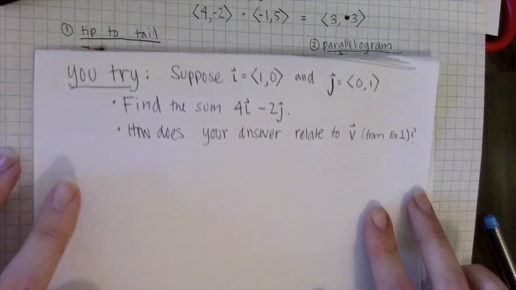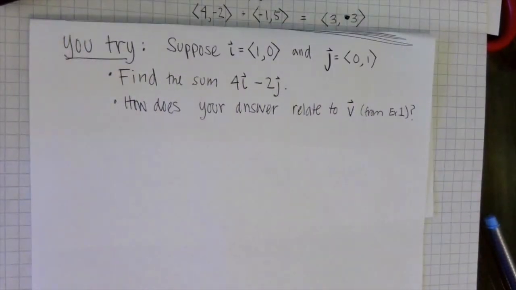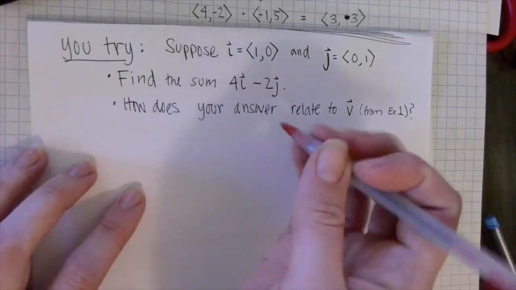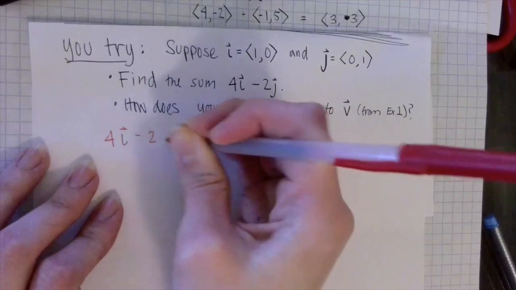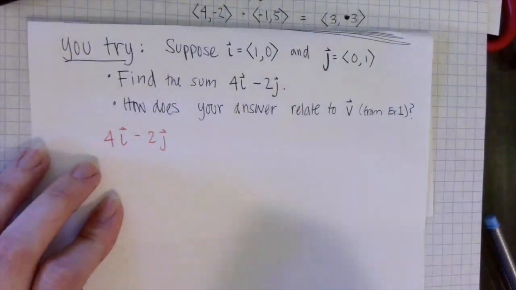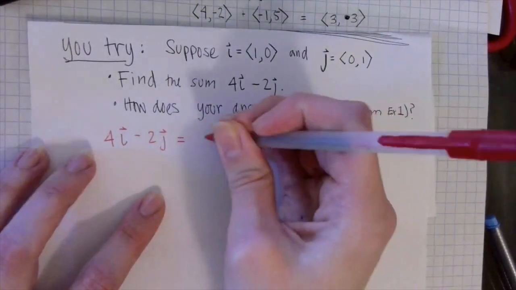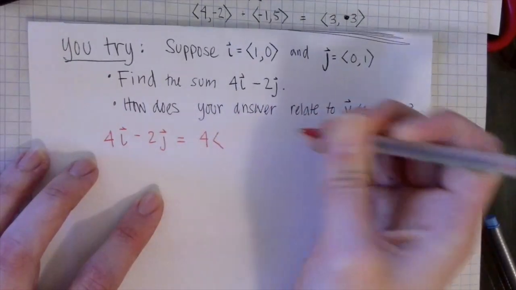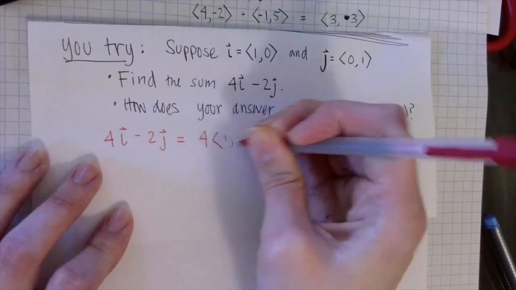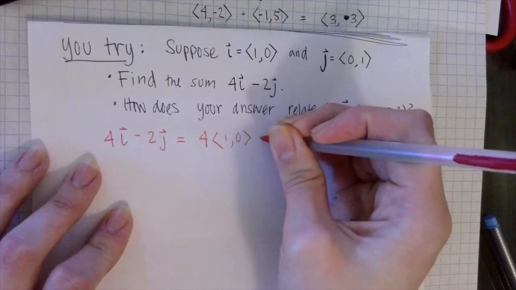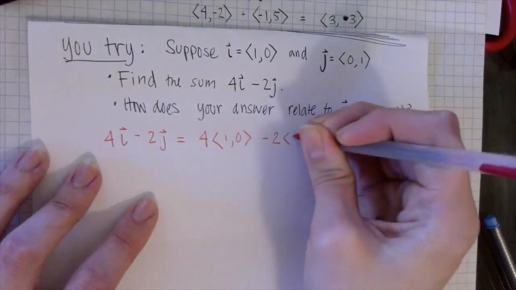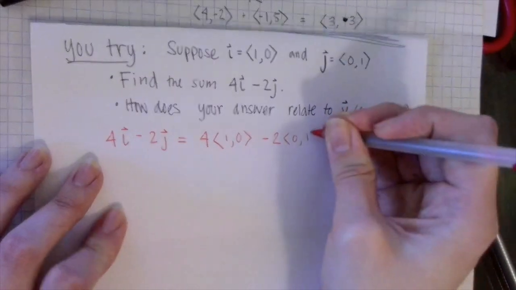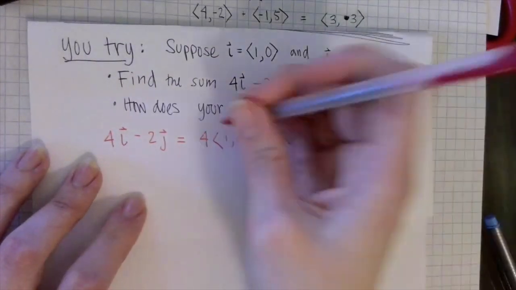So if you've paused the video to work that out, we're going to do it together. So I want to do 4i minus 2j. This is the same thing as 4 times 1 comma 0, so that's i, minus 2 times 0 comma 1. Okay, so I can simplify these.